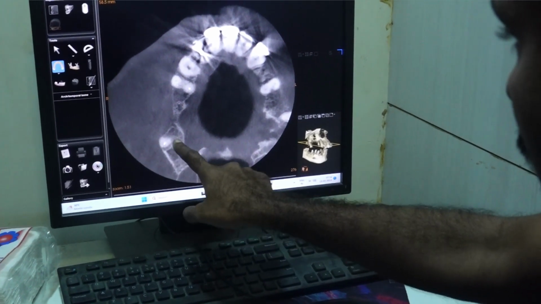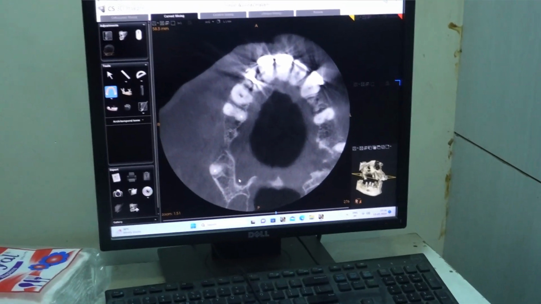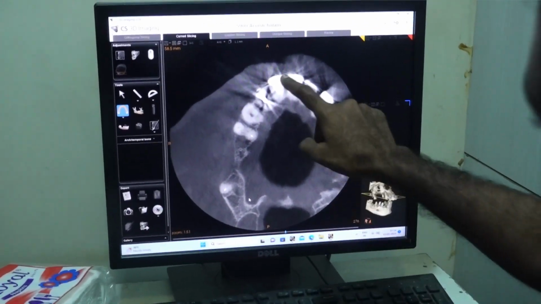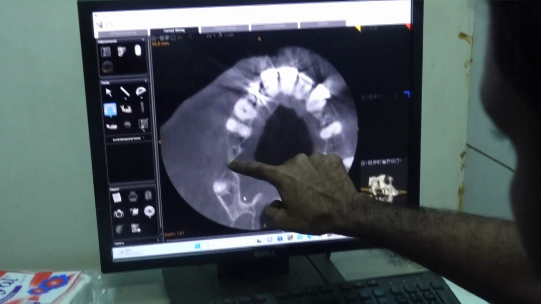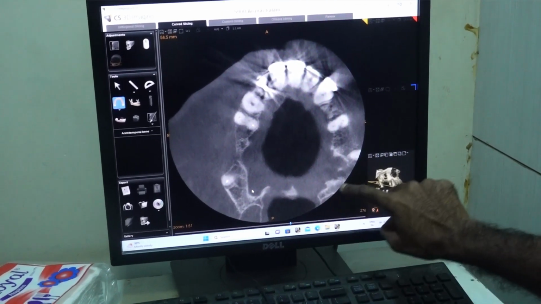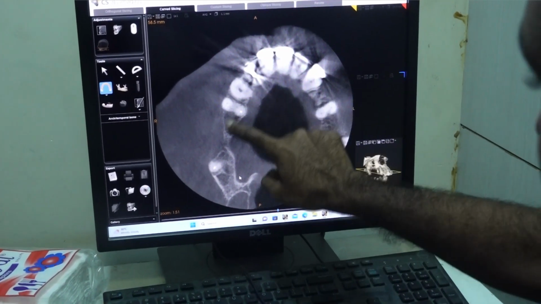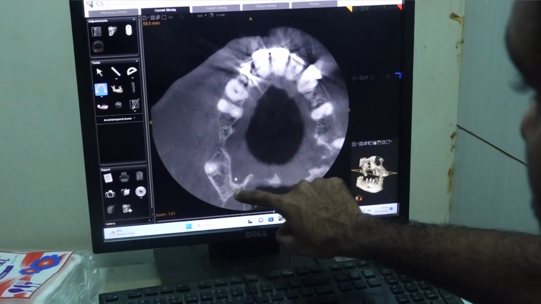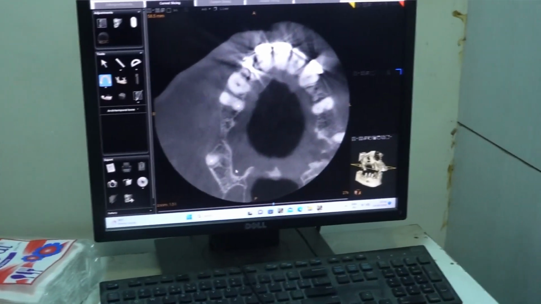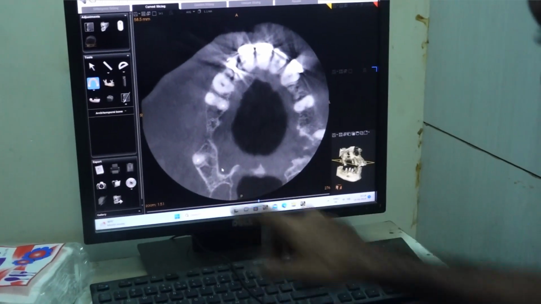You can see the tuberosity is lateral, the pterygoid is medial. So the arch form goes like this and turns here, right? You see, it is not a U-shaped bone. It is a U, but the end of the U is slightly curved inside. So when you are placing a pterygoid implant, you have to observe this.